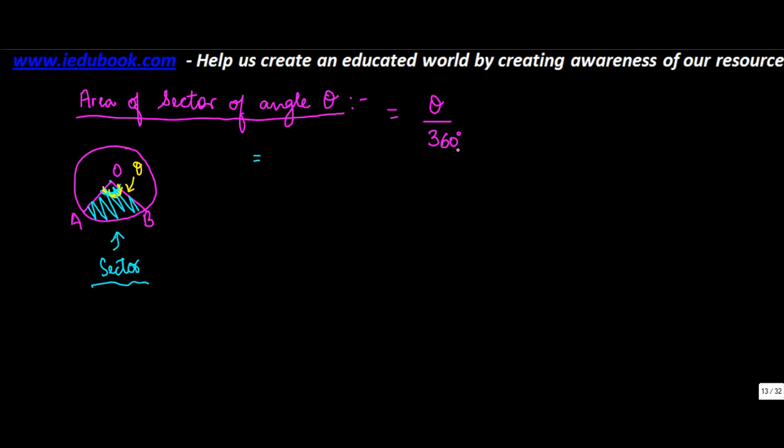Now you must be wondering why 360 degree? This is because one complete circle is equal to 360 degree, right? So if this is a part of that 360 degree, then obviously I need to proportionate it into the area of a circle.